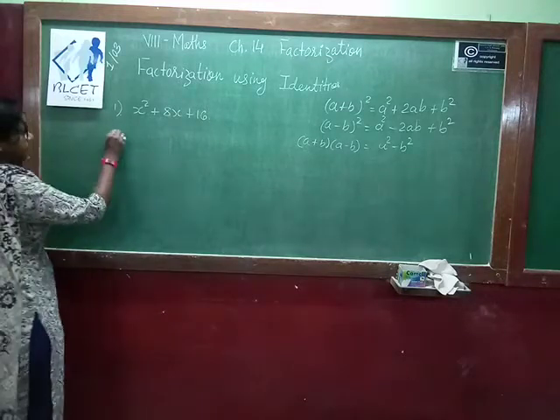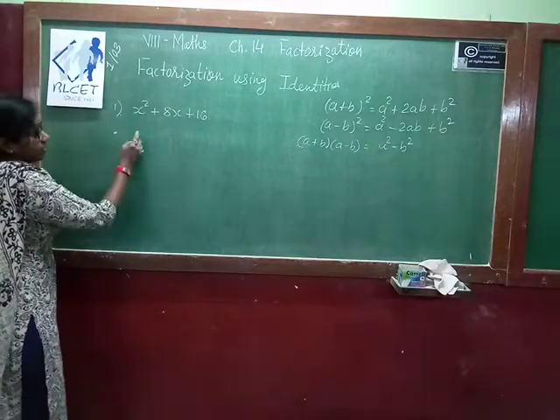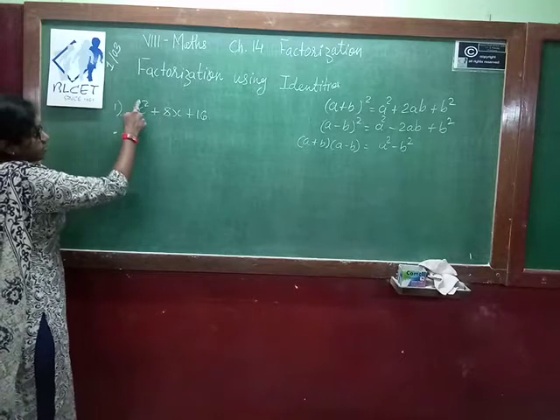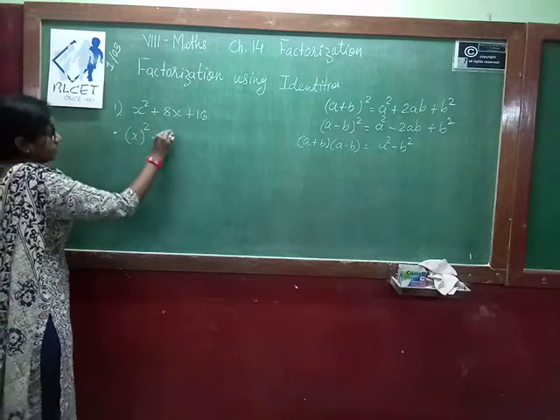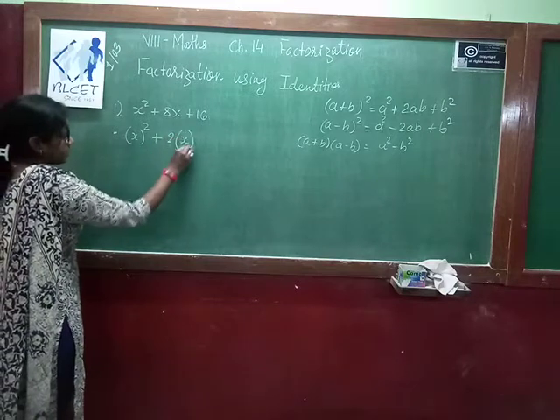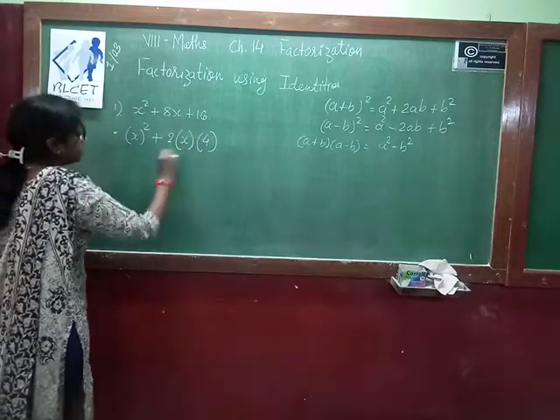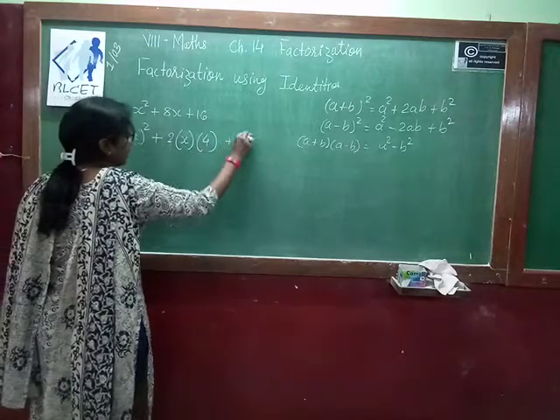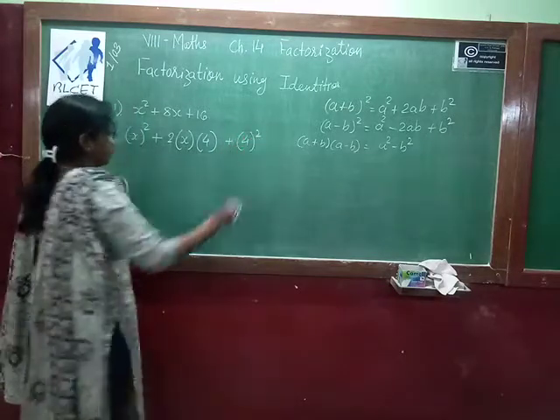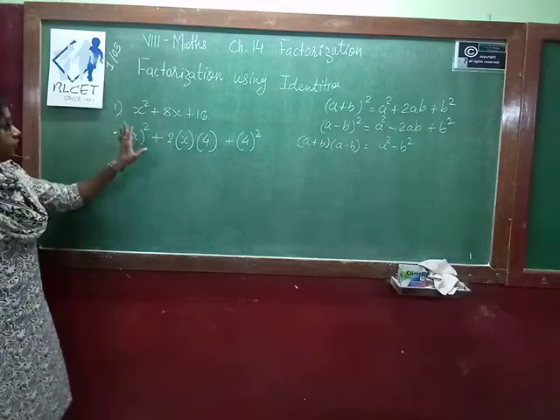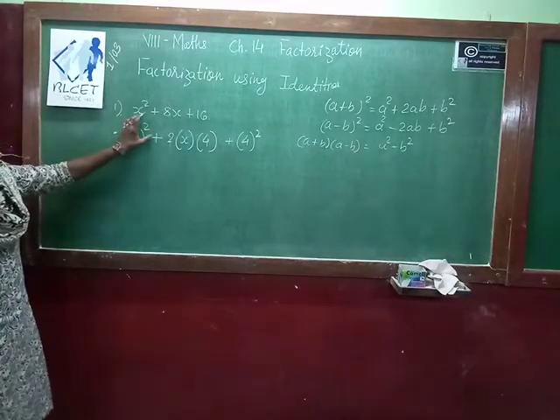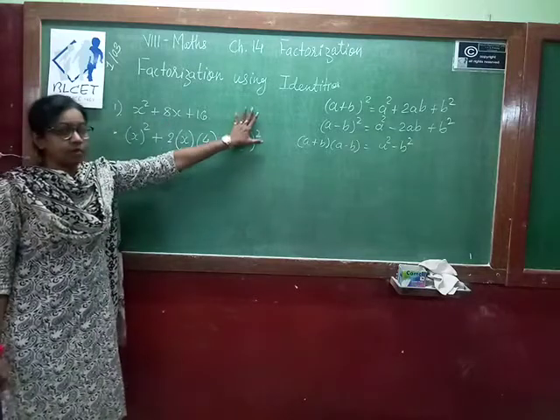So we know what we have to do: x square is the first term square, so x whole square plus 2 times first term times last term plus last term whole square. We have to find the first term square and last term square.